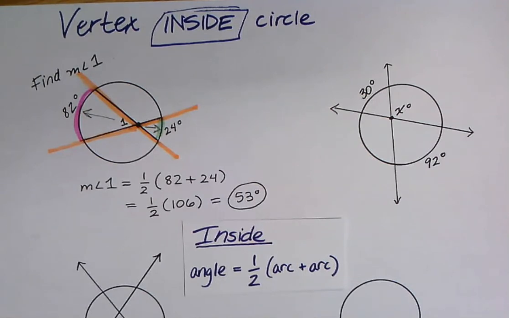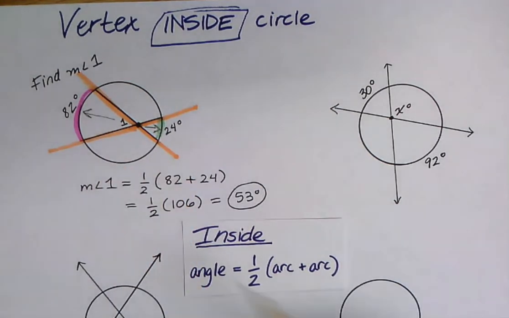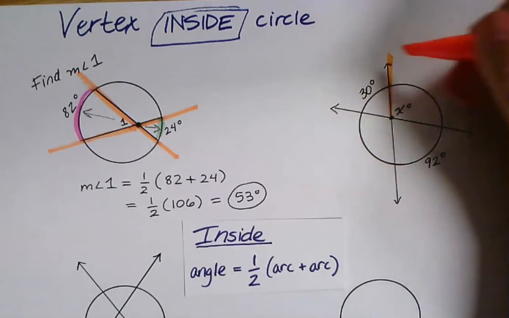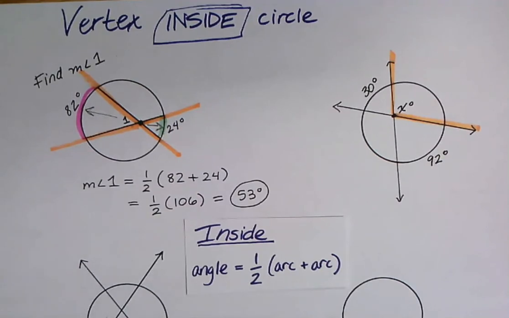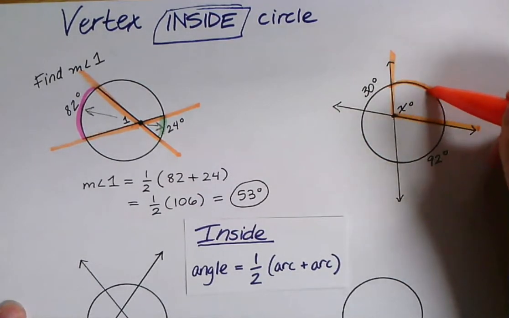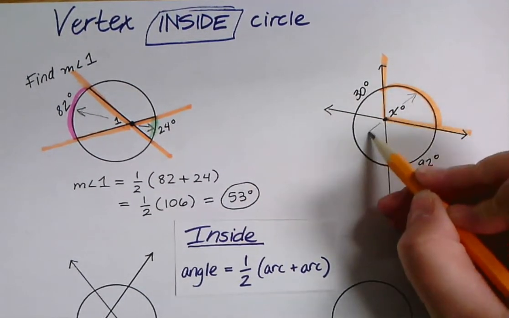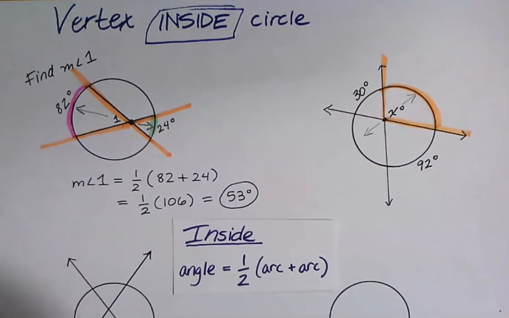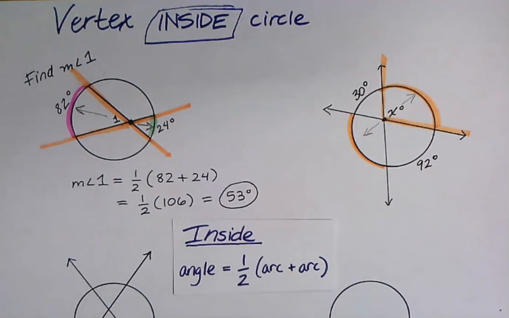The arcs that go with my angle are the ones in front of my angle and behind my angle. Okay, so the two sides, the two arms of my angle here are here and here. The arc that's between those is right here. So that's the one in front of my angle. And then also eyes in the back of my head pointing at the one behind my angle. These, the two that I've both marked in orange, those are the intercepted arcs for angle X. 30 and 92 are not.